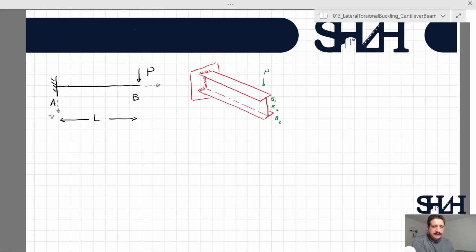First of all, let's set some coordinates. Let's say V is the displacement in the plane of the beam, and here we can assume it's the longitudinal direction of the element.